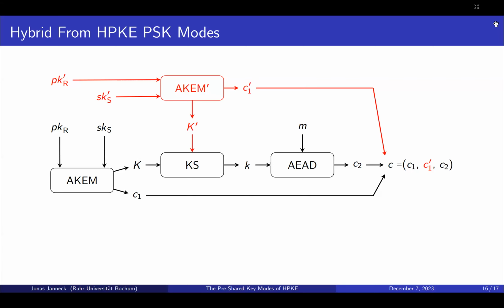The idea is that this can be easily used for practical applications, because now I can just take an implementation of the PSK HPKE mode, which is already in the library, and I can also use the post-quantum CAN and just combine these two, and don't have to construct anything new.